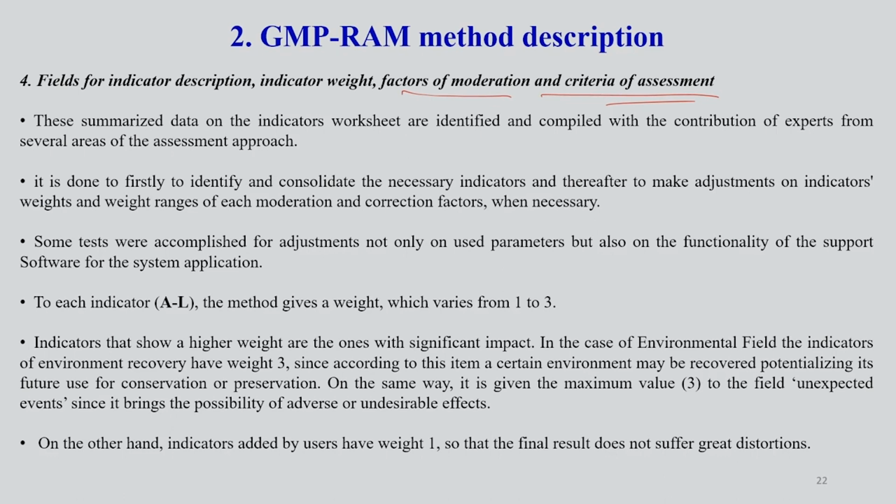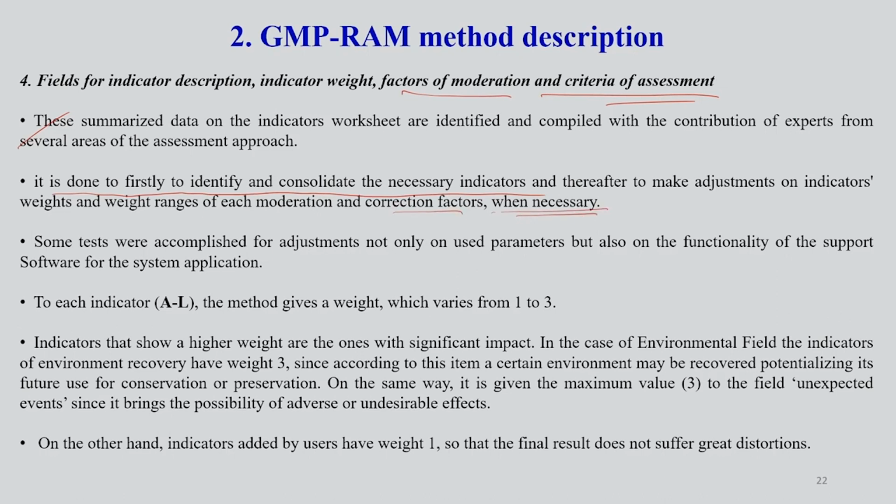If you recall, in the previous lecture we also discussed that expert observation and expert suggestions are very important in an EIA exercise. In this particular step of the GMP RAM method, it is also done firstly to identify and consolidate the necessary indicators and thereafter we need to make the adjustments of indicator weights and weight ranges for each moderation and correction factor whenever it is necessary.